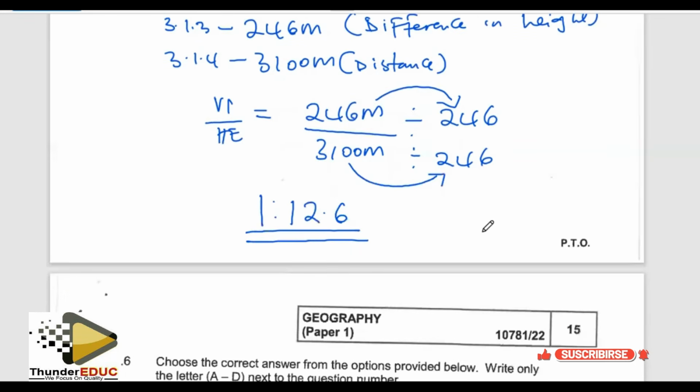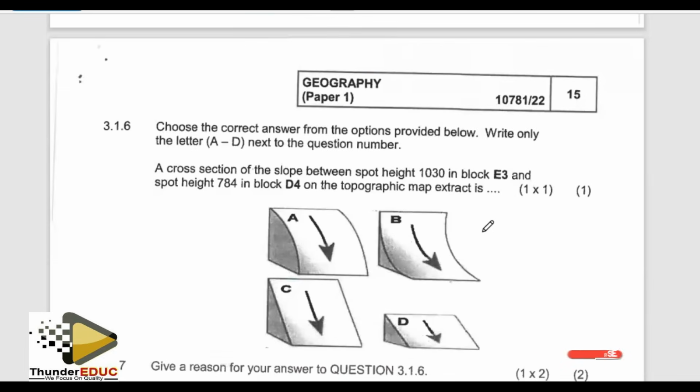Then we proceed to 3.1.6. Choose the correct answer from the options provided below. Write only the letter next to the question number. A cross-section of the slope between spot height 1030 in block E3 and spot height in block D4 on the topographical map is a cross-section.